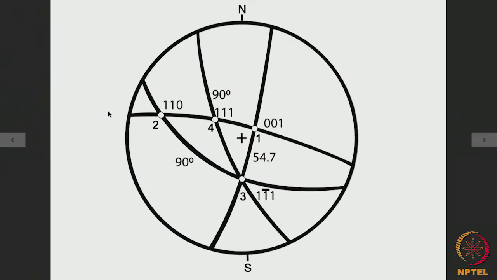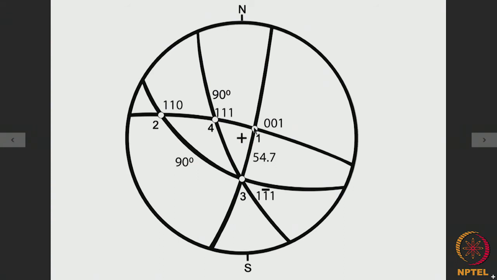Say for example, we have a situation where this is the stereographic projection of a number of plane normals which we got by using the Greninger chart. And suppose this is another line showing the poles belonging to the planes of a particular zone.